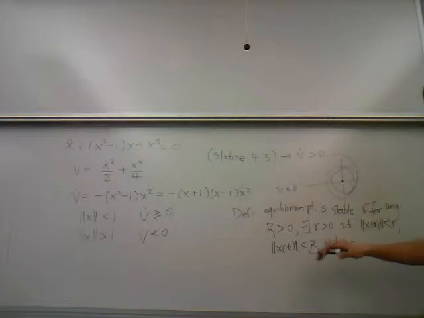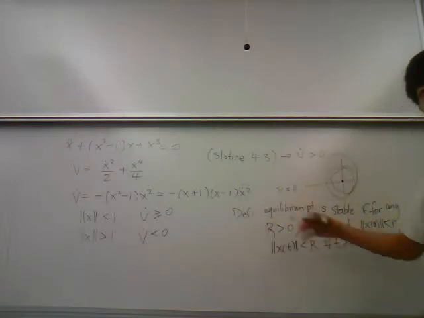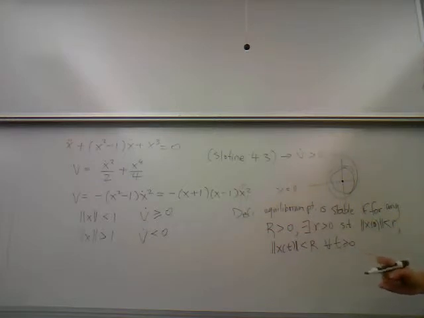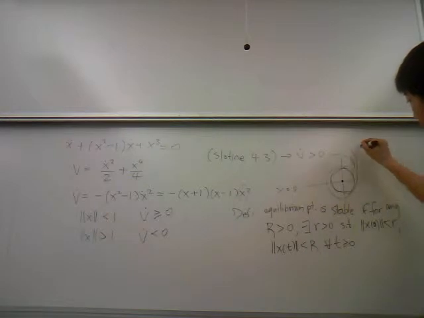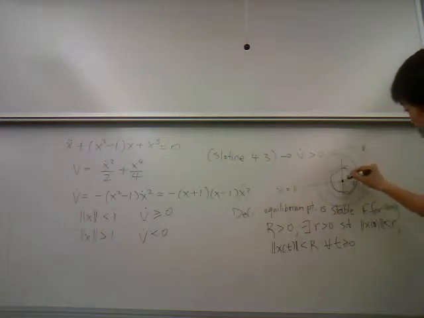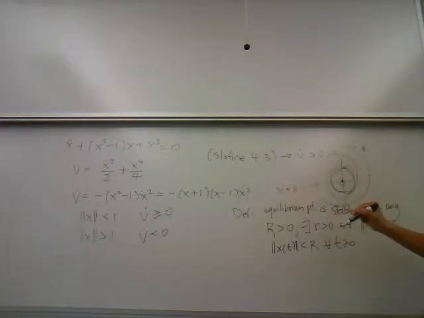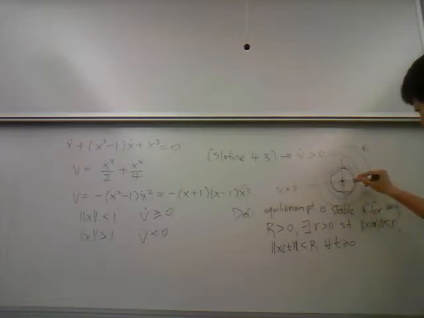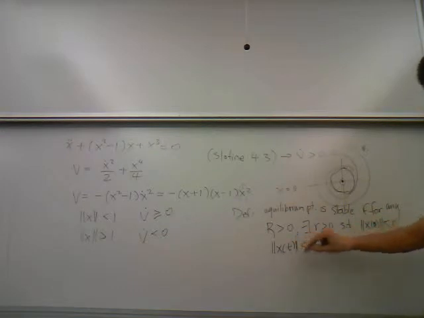More specifically, this definition means that we can make R as small as we want. So if we have some region big R, we should be able to make that big R as close to the origin as we want, and we would still be able to have another small r inside it, and our x of t will never leave this big R.